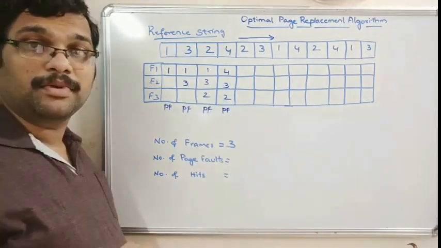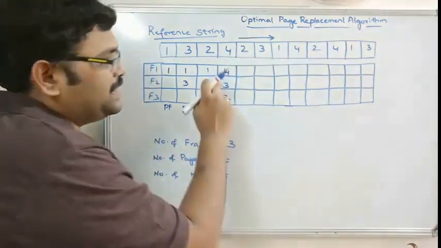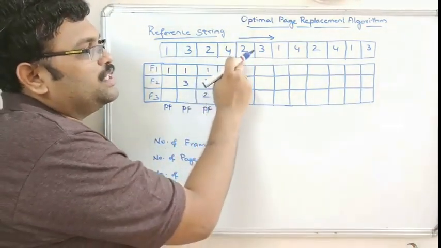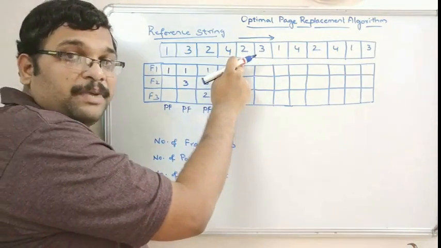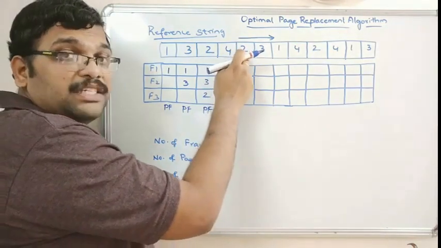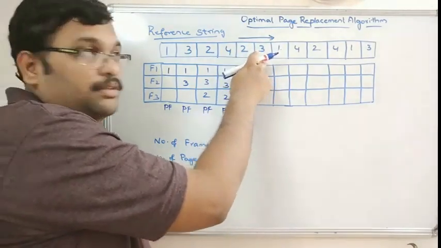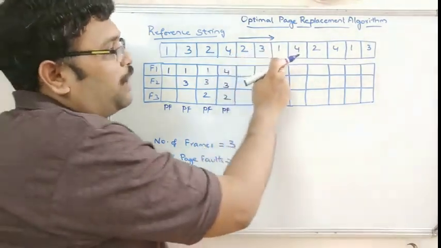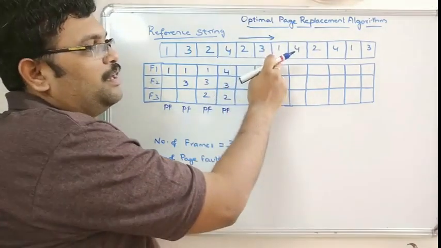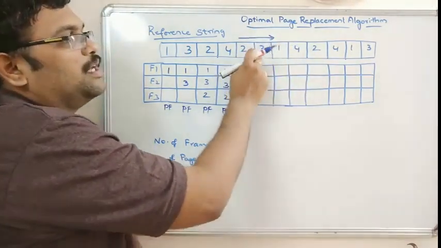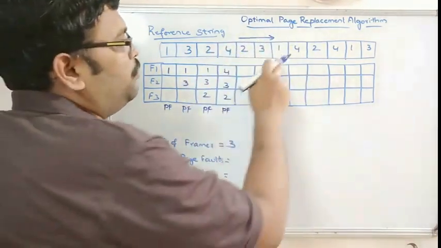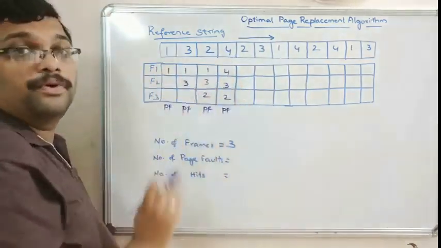Hope you understood, right? Among these 3, 1, 3, 2, the 2 is the immediate page in the reference string, and the 3 is the immediate page after the 2. So 1 has to wait until 2 pages are loaded. So 1 will be replaced with 4.